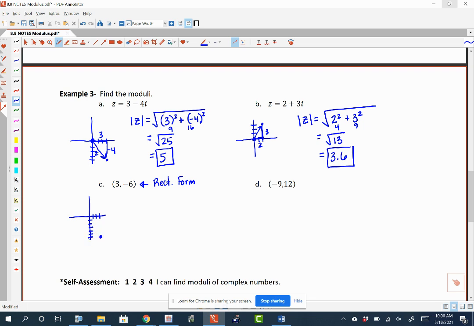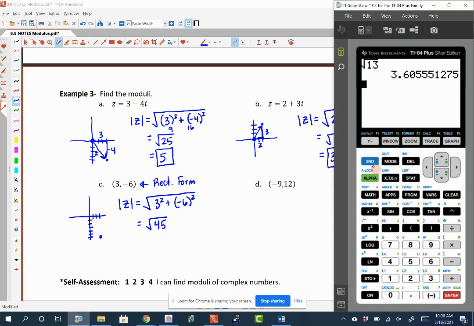So we can do the exact same thing. I can find the length of that modulus, 3 squared plus negative 6 squared. Let's see, that's going to be 9 and 36. So the square root of 45, which unfortunately is not a whole value. So I'm going to go the square root of 45 and get 6.7.